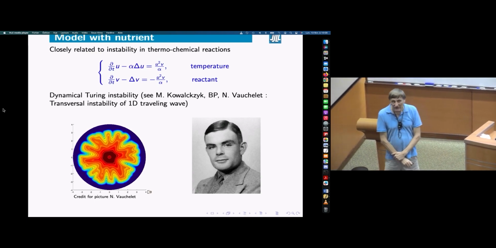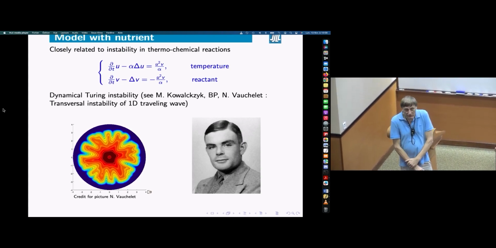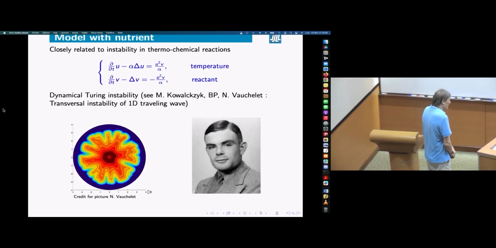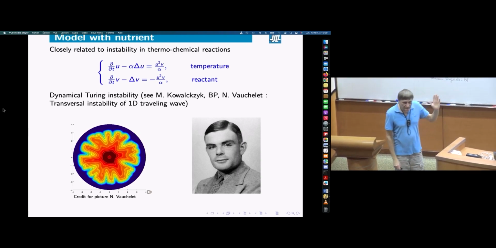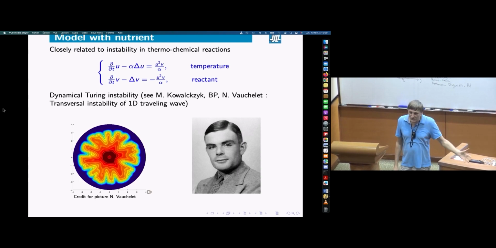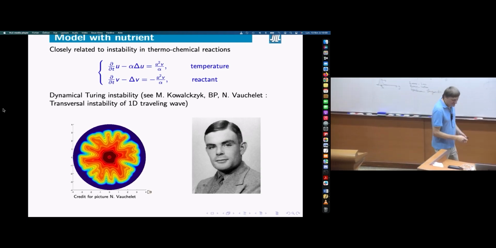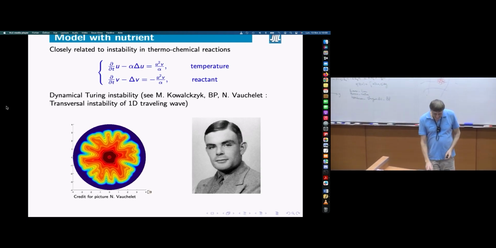This is a nonlinear effect which I don't really understand. But different teams doing different numerics with different codes get the same pictures. This is surprising, but this is how it is.